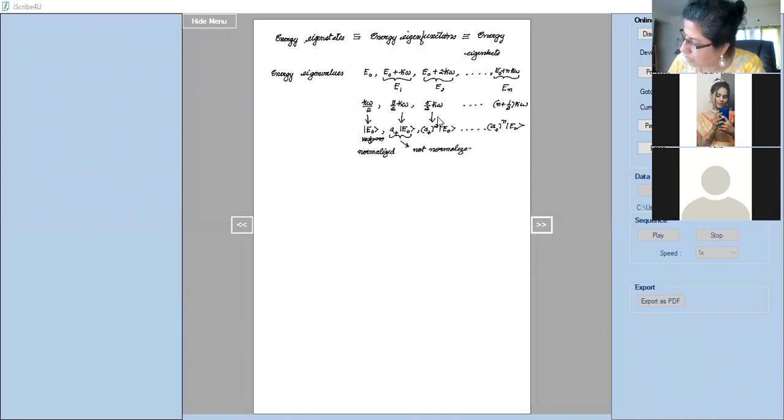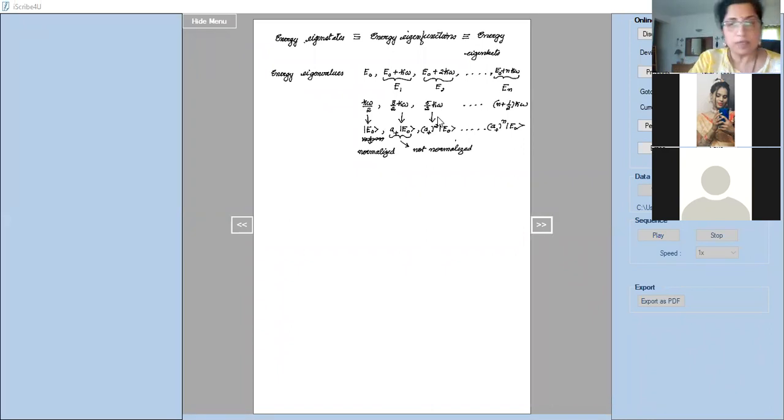So question is, how do we normalize it? We have to find out what is the normalization for this. Everybody understands, right? You have to multiply some constant such that the state becomes normalized. So we will now find out how to go ahead and normalize it.